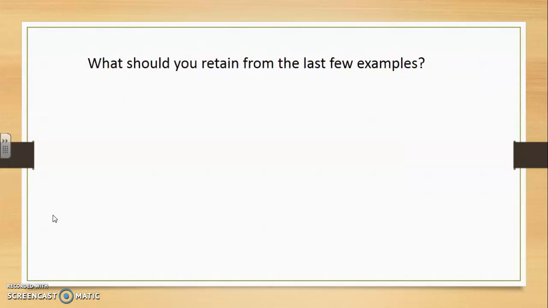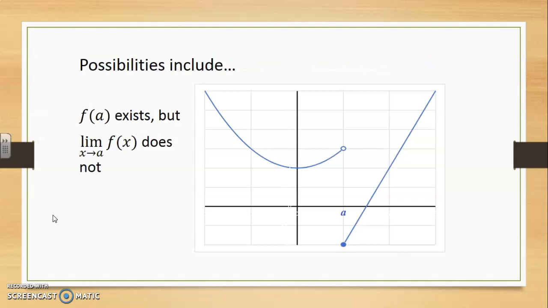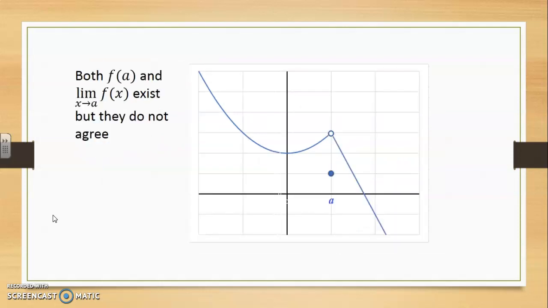So what should you retain from the last few examples? Well, the function's value, or its mere existence at x equals a, can be potentially different from the limit's value, or its mere existence as x approaches a. Possibilities include, like in this picture, a situation where f at a exists, but the limit does not because of conflicting left and right hand results.